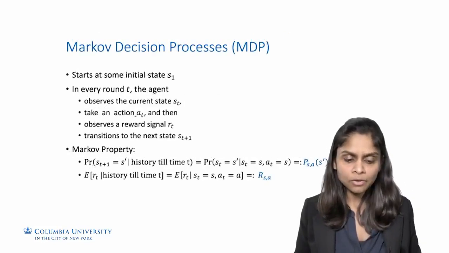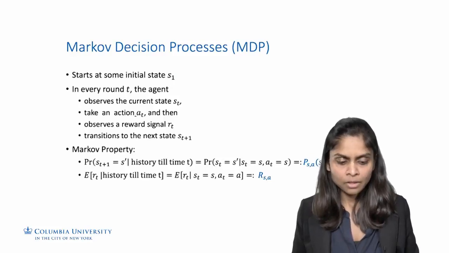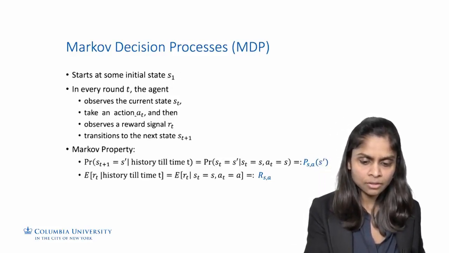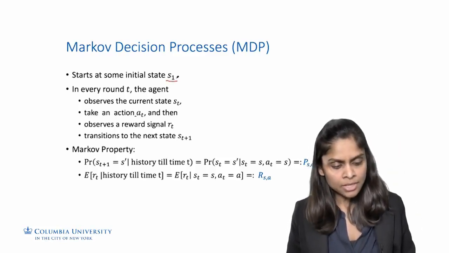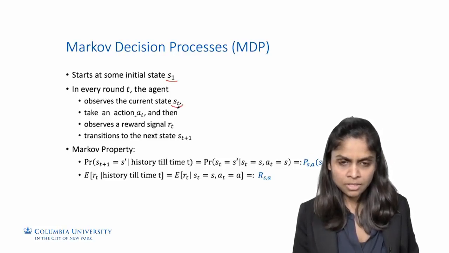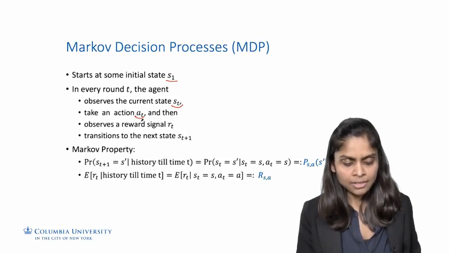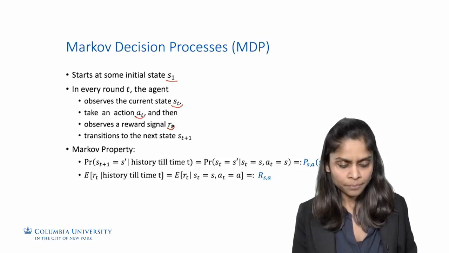More formally, the Markov decision process proceeds in discrete rounds, starting in some initial state which we call S1 here. In every round t, the agent first observes the current state, called St here, takes an action At, and then observes a reward signal that we call Rt here.